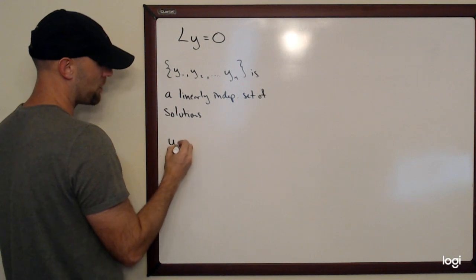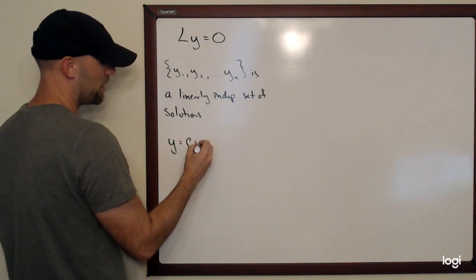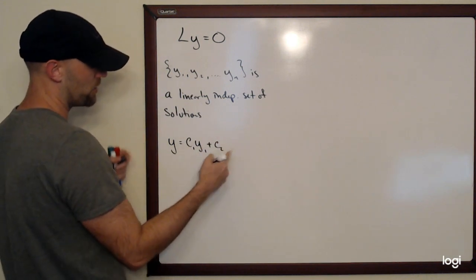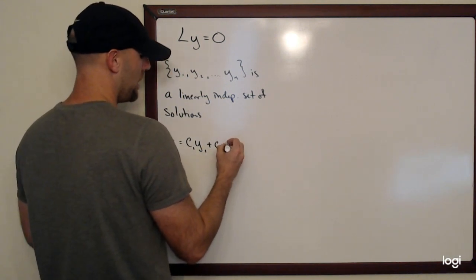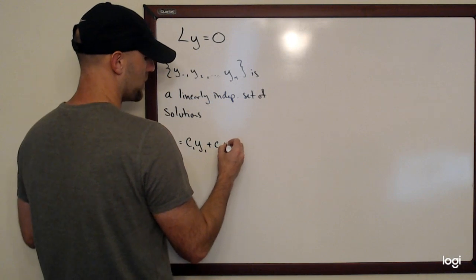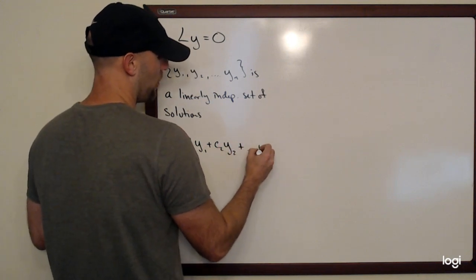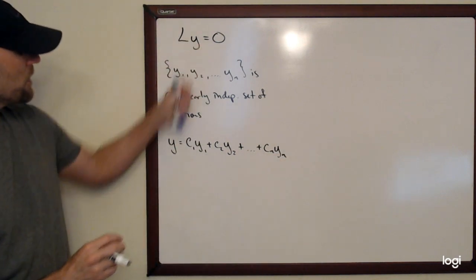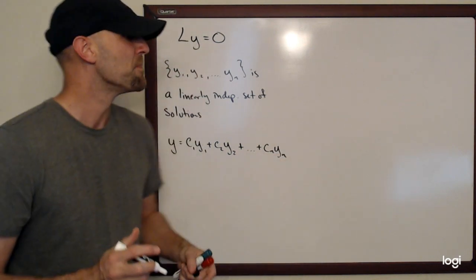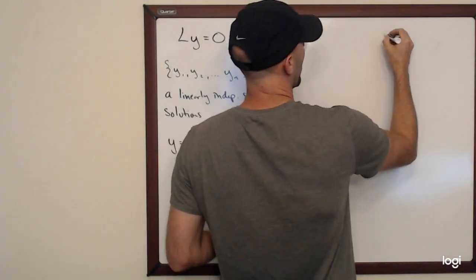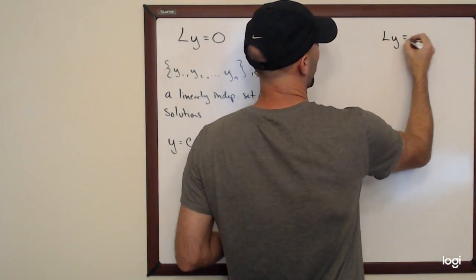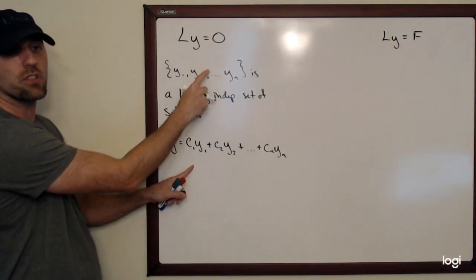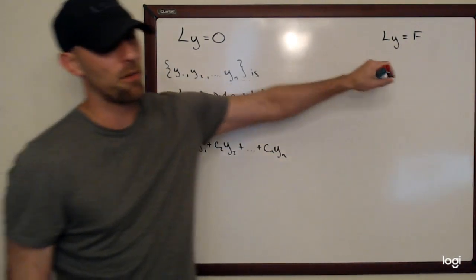I make my general solution as the linear combination of these. So for some appropriately chosen constants, c1 times y1 plus c2 times y2, all the way to cn times yn. Every solution for this can be written in this form. This is the solution to the homogeneous version, and I'm looking to build off of this.